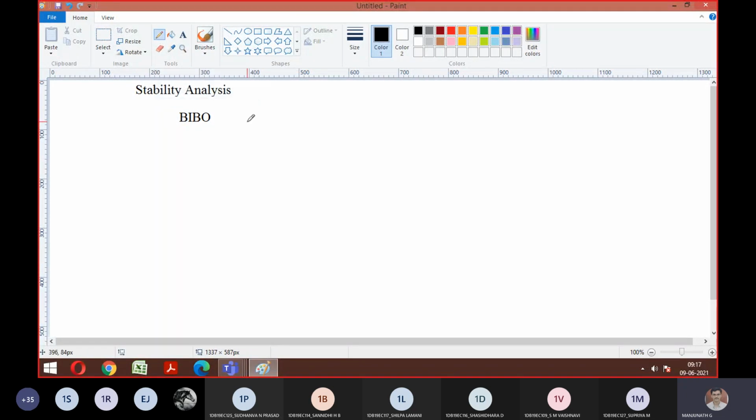Whenever we plot a graph with respect to time and your output, we can represent the output as C of t, and time as t. At the beginning, the curve will be increasing. At some particular time, it is going to be constant.